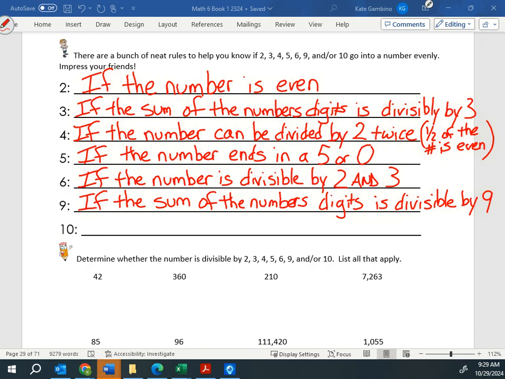Now, 10's even easier than the 5. What's the rule for being divisible by 10? Lexi? If the number ends in the 0. So you know it's going to be divisible by 10 if you see a 0 in that ones place.